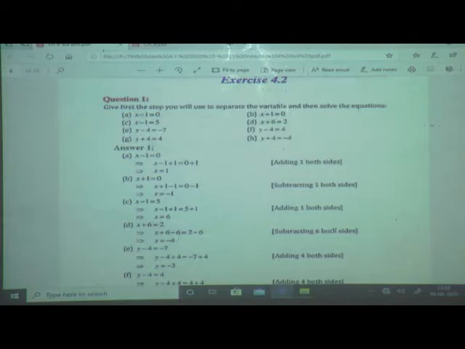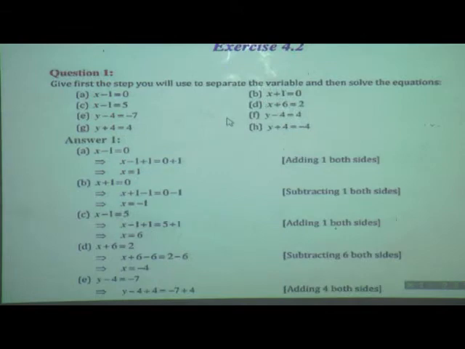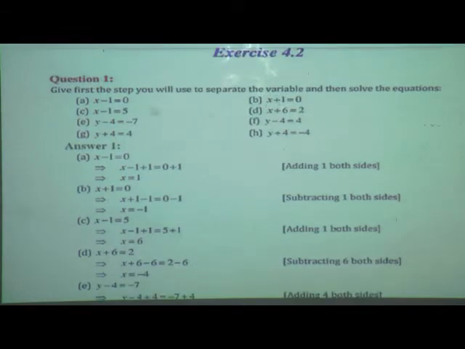Here we are having x, y, h, m, l, any variable we can use. So x minus 1 is equal to 0. First we have to separate the variable. I will explain one, then we will try to solve some more examples related to this.